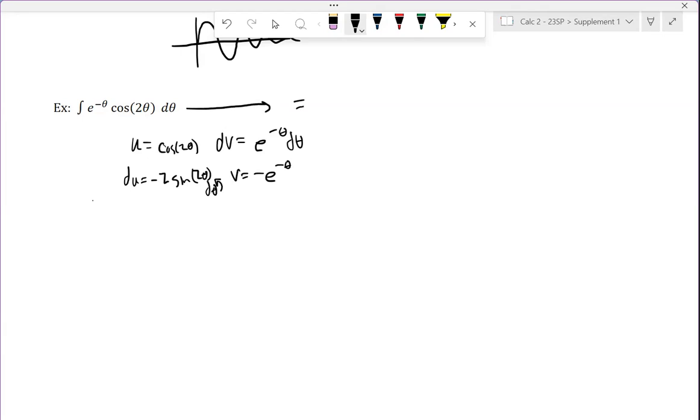So this is going to equal uv minus integral v du. So what's v du? That's the minuses go away. I get a 2. I get an e to the minus theta. And I get a sine of 2 theta d theta.